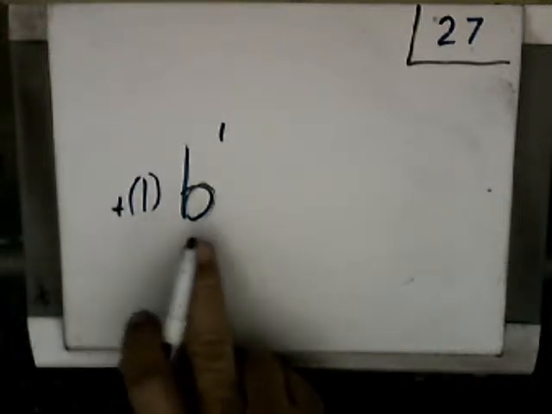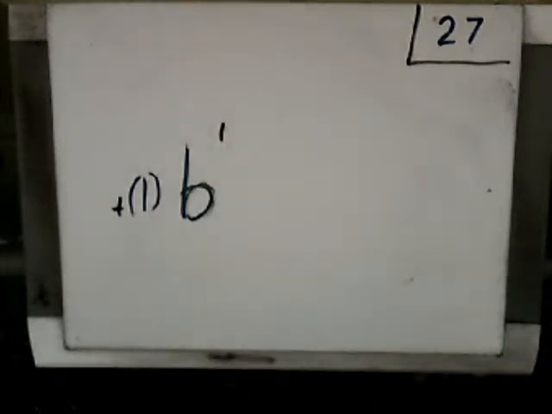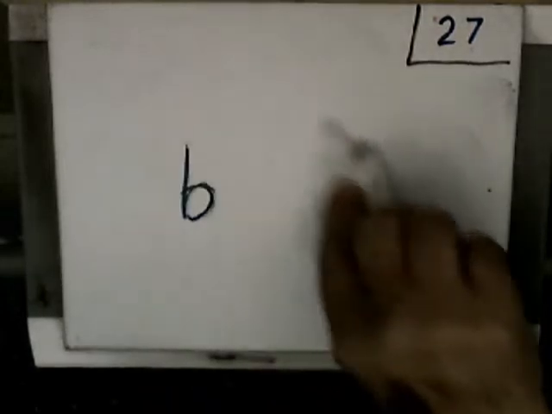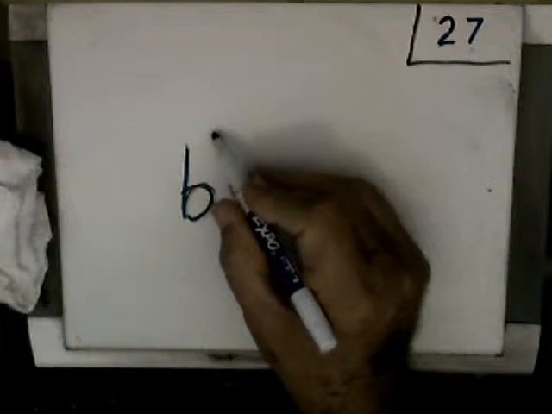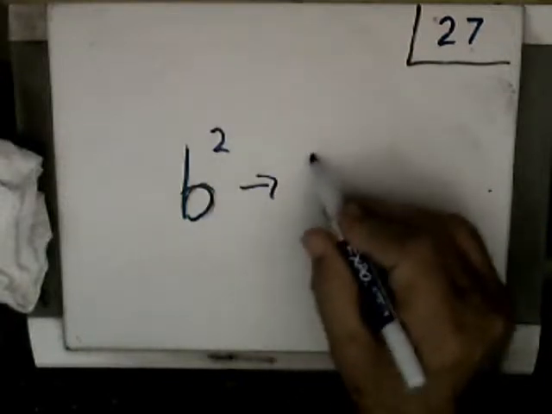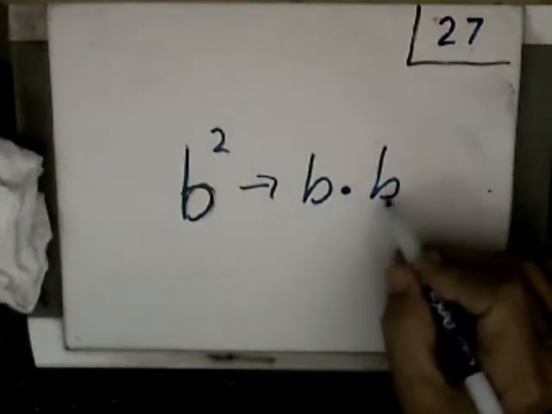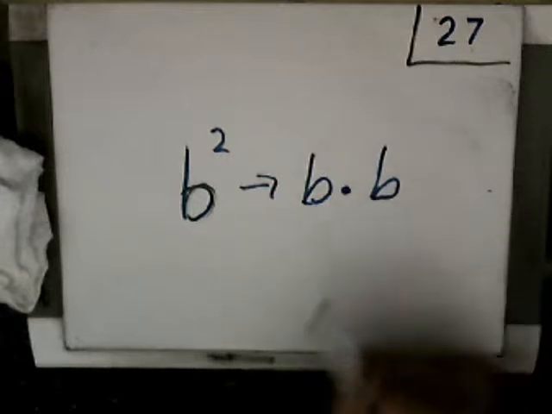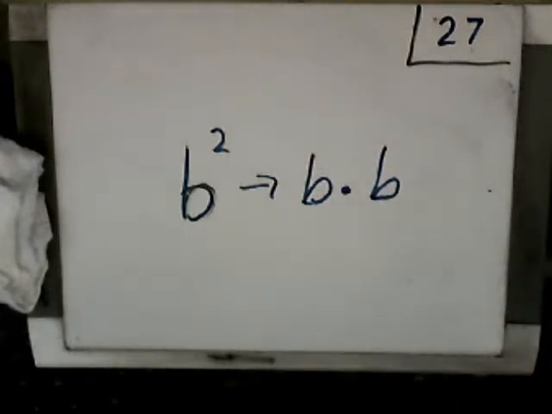So we have a plus 1B to the 1. Well, we don't write that, because we know it's there. So we just write a B. Let's say we have B squared. Well, that means I have B times B. I don't know what the value of B is, but I know I have 2 of them multiplied times each other.